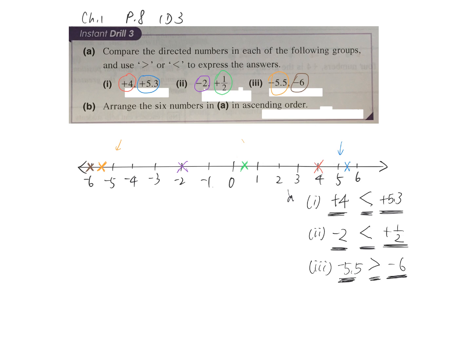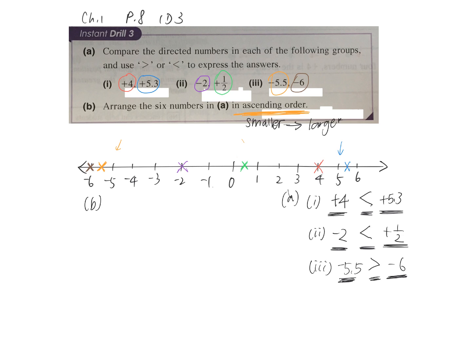This is part A. So finally, part B, you're asked to arrange the 6 numbers in ascending order. Ascending order meaning from left to right, we should list our numbers from smaller number to larger number. So look at the number line.